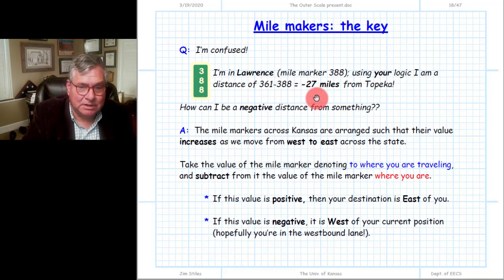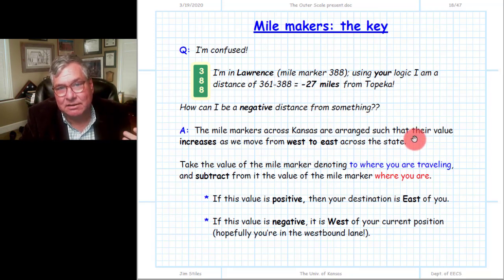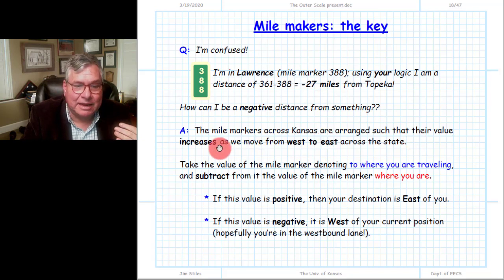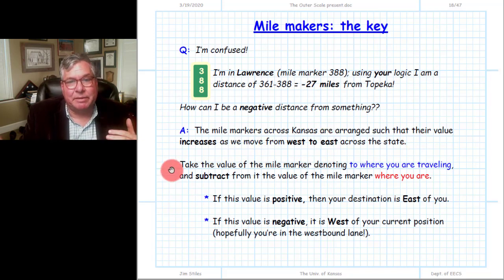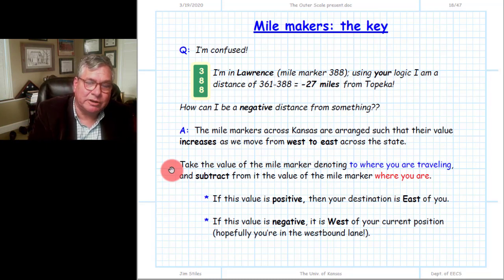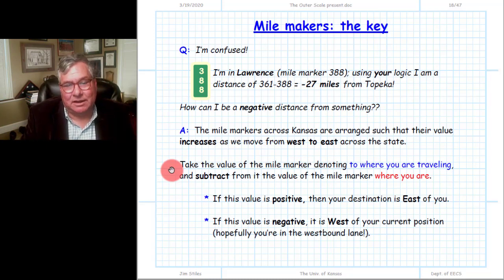What does that mean? Well, like so many things in engineering and mathematics, the positive and negative map to a direction. Because the mile markers are increasing as we move west to east across the state of Kansas, if I take the difference between where I want to be and where you are, and the value is positive, that means you need to move that much further eastwardly on I-70.